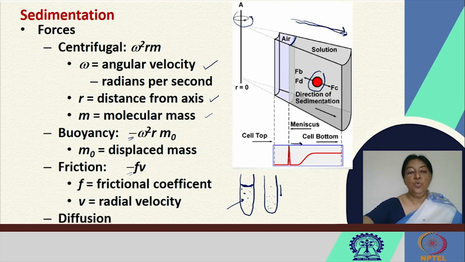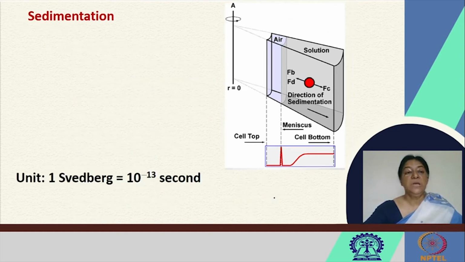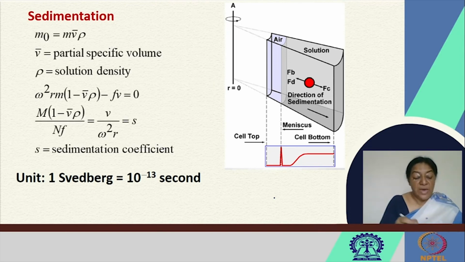We also have diffusion as a possibility, where we have our molecules settling down here and diffusion between the pellet or the sedimenting material and the supernatant. If we look at the sedimentation process now in the moving meniscus, we look at the specific forces.